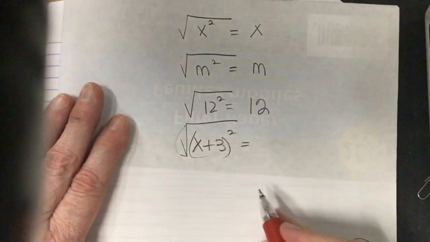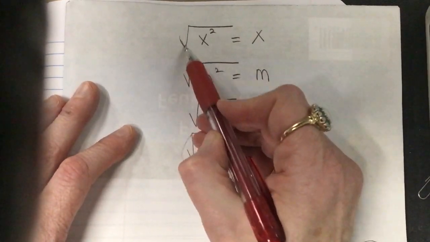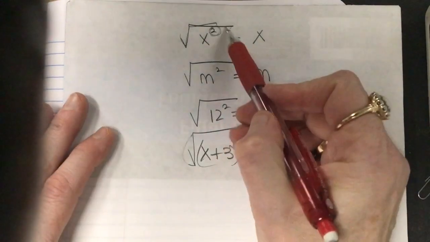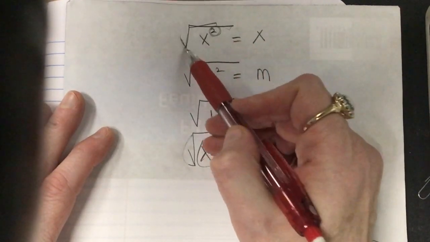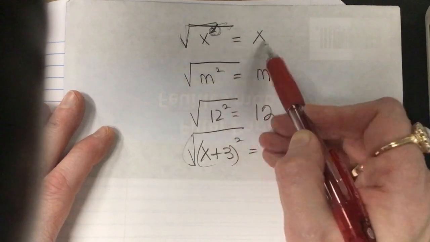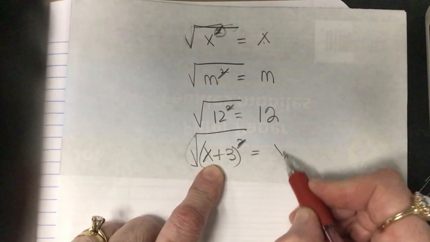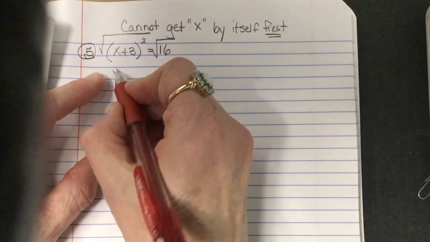Do you see a pattern? The square root actually gets rid of it, cancels out. It's the opposite operation, the inverse operation of the squared. So the square root gets rid of the squared, and the square root of x plus 3 squared is just x plus 3. So I have x plus 3.